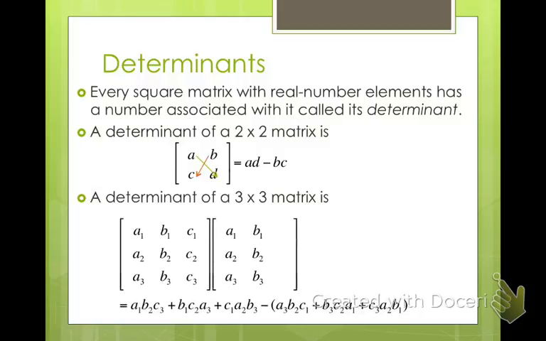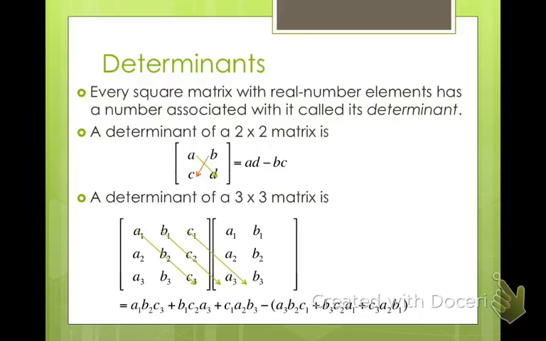So what you do is you extend your first two columns, A1, A2, A3, B1, B2, B3, into another one, and then you add A1 times B2 times C3 plus B1 times C2 times A3 plus C1 times A2 times B3.